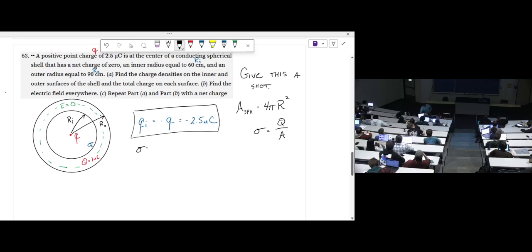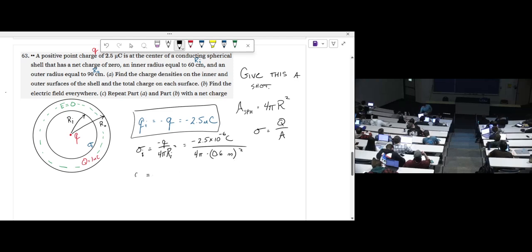So if you want to know what sigma on the inner wall is, the charge density, I take minus Q over the area of the sphere, 4 pi times the inner radius squared. That's minus 2.5 times 10 to the minus 6 coulombs, all divided by 4 pi times 60 centimeters, which is 0.6 meters, and don't forget to square that.